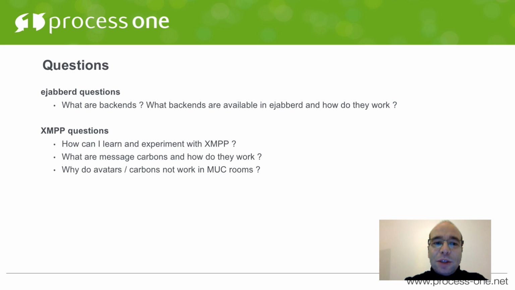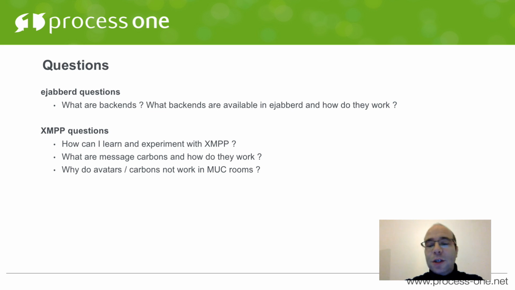The question is: what are ejabberd backends? What are the available backends and how do they work? What are they for? How can we use them? How can we leverage them as developers building solutions on top of ejabberd? So this is the first question we will deal with.